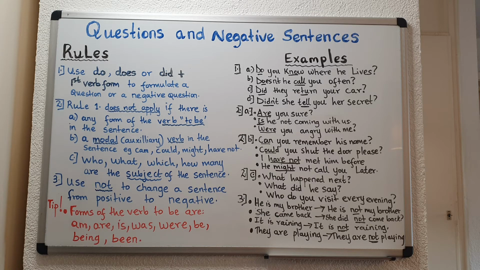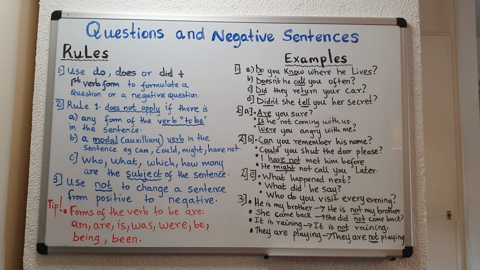Rule number 1 also does not apply if there is a modal verb in the sentence. A modal verb is also an auxiliary verb. I have uploaded 3 videos about modal verbs. Feel free to check those videos to familiarize yourself with modal verbs.